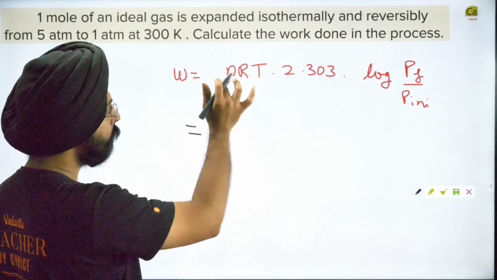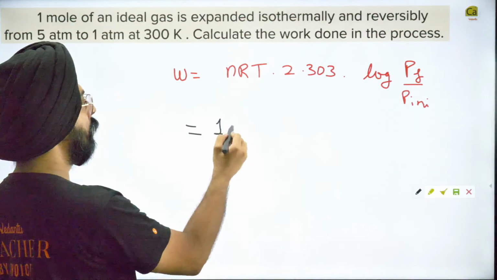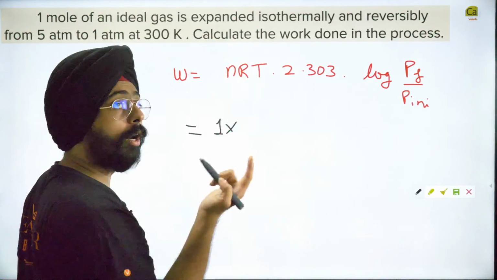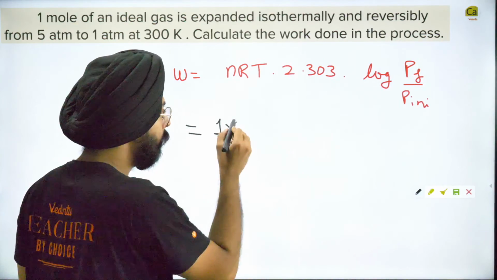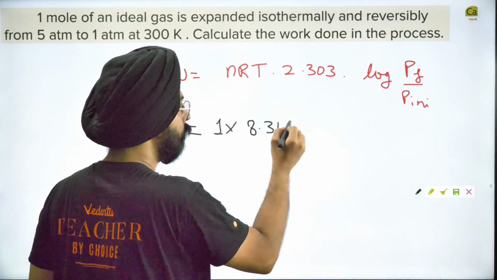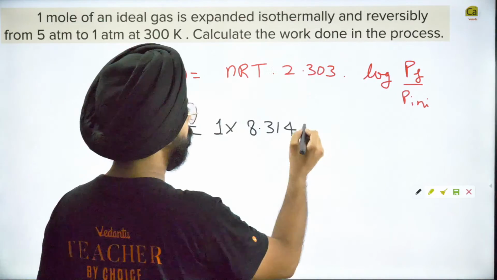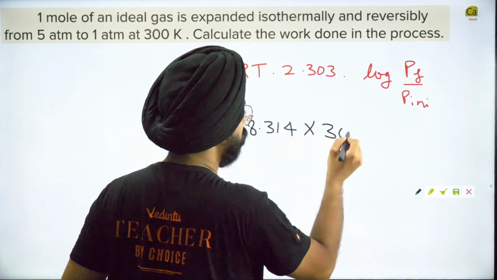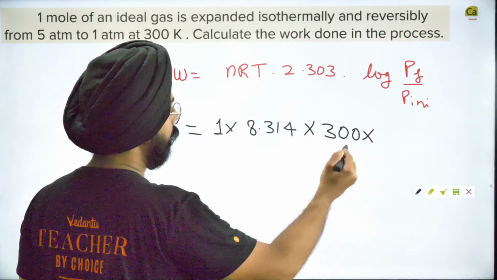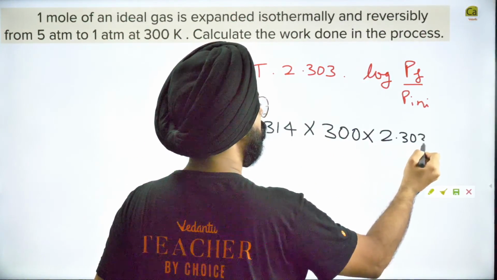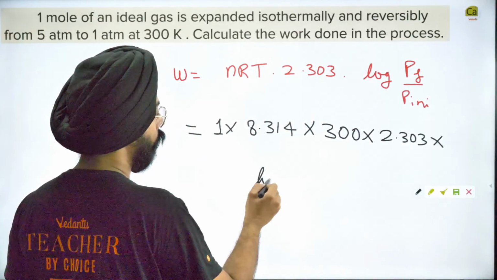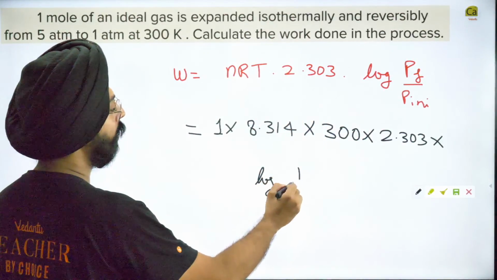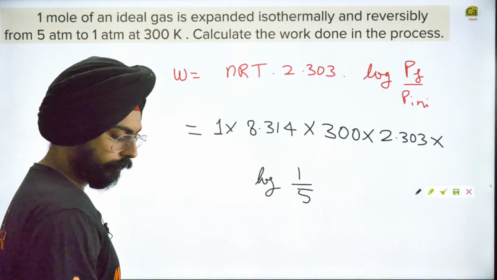Simple questions, okay? So number of moles are given as 1. Let's calculate the work in joules. So if the work is in joules, what will be the value of R? R will be 8.314 joules per mole Kelvin. Temperature is 300 Kelvin. चलो ये बहुत ही simple कर दिया इन्होंने question. 300 Kelvin into 2.303 into log of P final is 1 by 5.